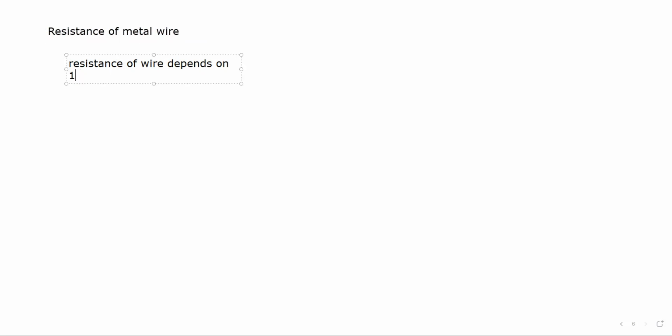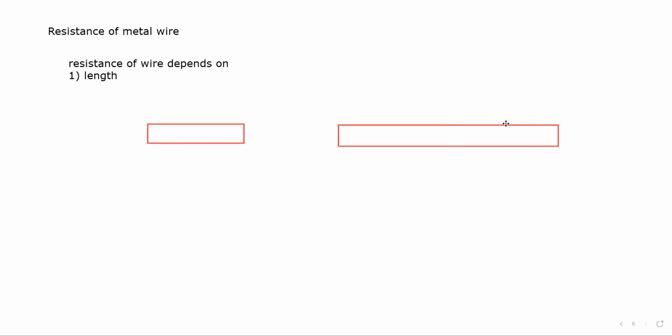Number one, the length. For example, you have two metal wires of the same area but different lengths. Which one do you think will have high resistance? Like two charges are trying to flow, here also two charges are trying to flow.